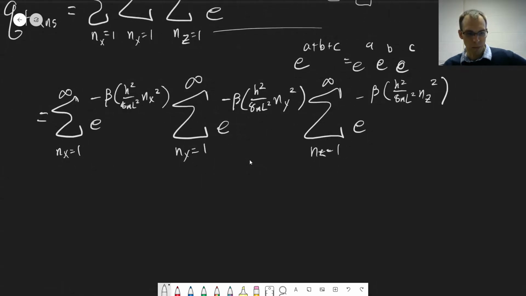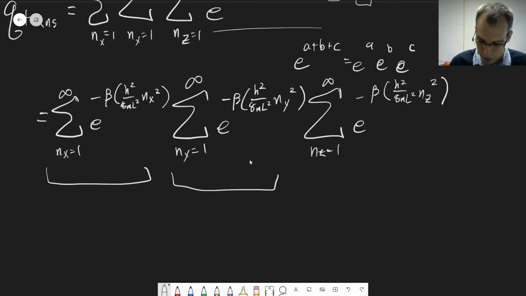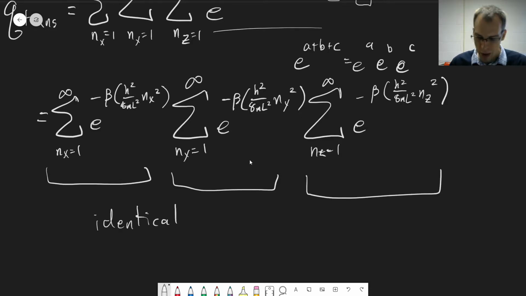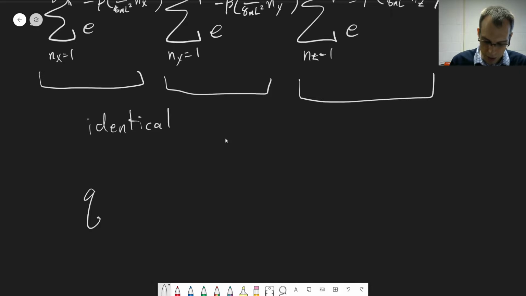So what are we going to do here? Well, one thing to notice is that there's nothing fundamentally different about these three sums that we have. These are all identical because the range of x, y, and z is all the same, and they all have the same constants multiplying them. So we can simplify this a little bit and say, okay, well, Q trans, we'll just pick x as our example here.